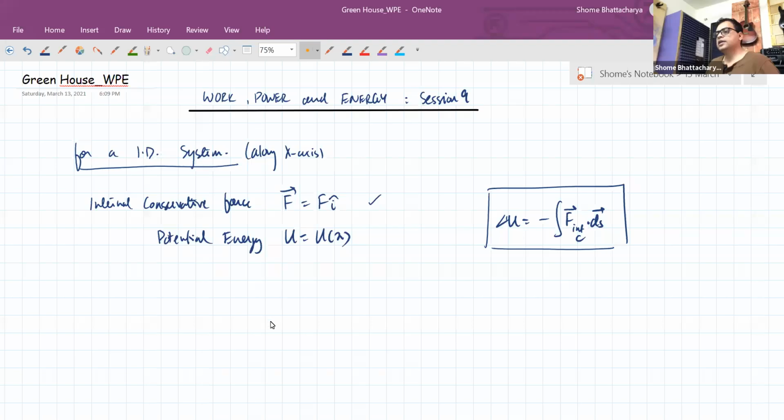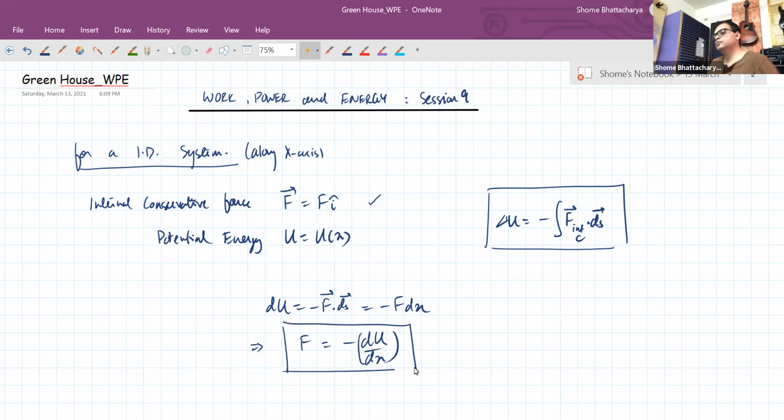Be a function of x, and the relation becomes that dU is minus F dot ds. So that becomes minus F dx. Therefore, the inverse of this relation becomes that force is negative gradient of potential energy. Okay.